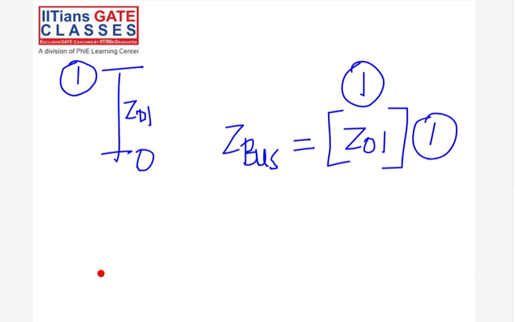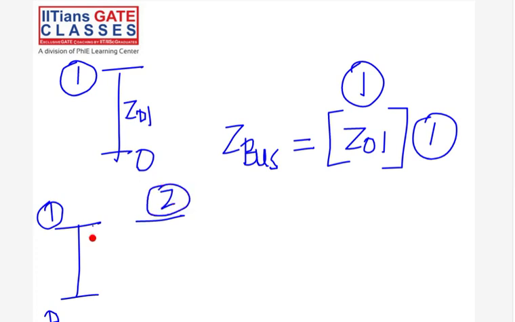Now we are going to add one more element over here. The network diagram of any system would be given, but we will have to deconstruct it in our mind and build the Z bus like this, right?